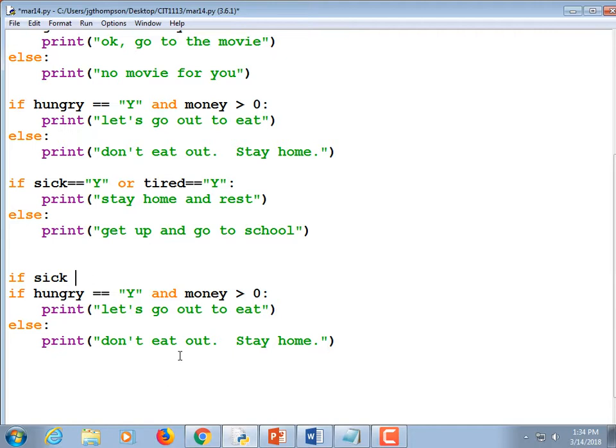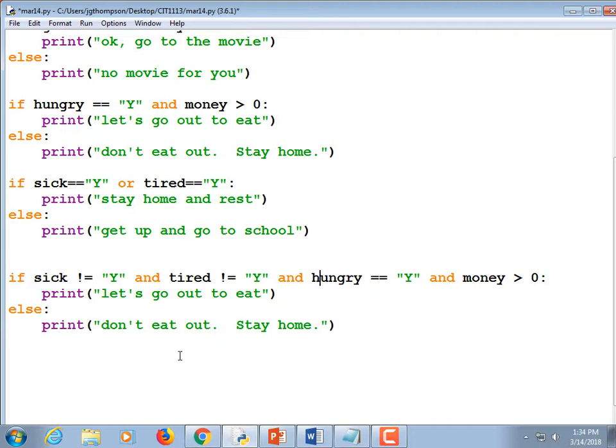If sick is not equal to y, and this is going to be a complicated way of doing it, and tired not equal to y, and hungry equals y, and money greater than 0, let's go out and eat. Now that's a few too many nots and ands and stuff like that, right? I don't think that that's a good way to write it. But logically it does what I want. I hope. Let's find out.